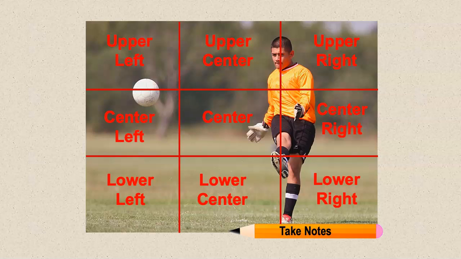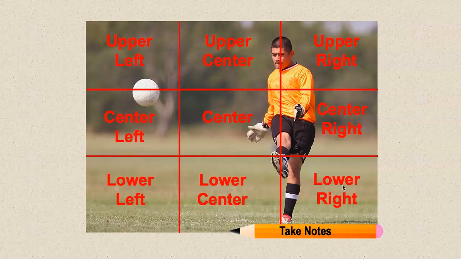So draw your grid with your pencil or pen, and all of the top sections are marked upper, and all of the middle sections can be marked center, and all of the bottom sections will be marked lower.